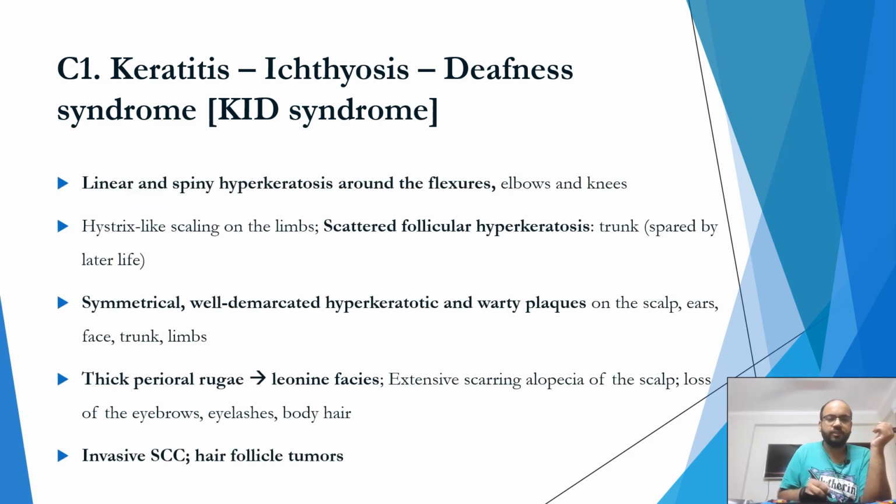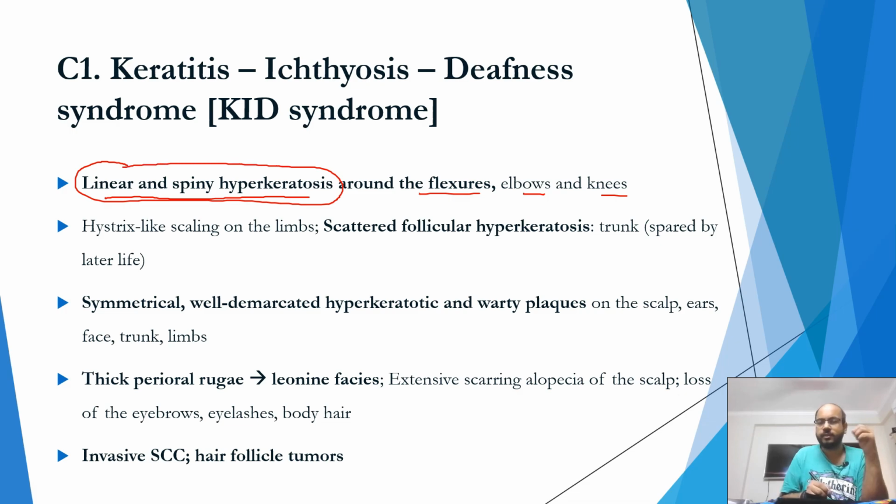Now let's look at the features of KID syndrome. There is linear and spiny hyperkeratosis around the flexures, elbows, and knees. So remember this part, linear and spiny hyperkeratosis. Hystrix-like scaling on limbs. If you remember our previous lecture, hystrix comes from the word for porcupine.